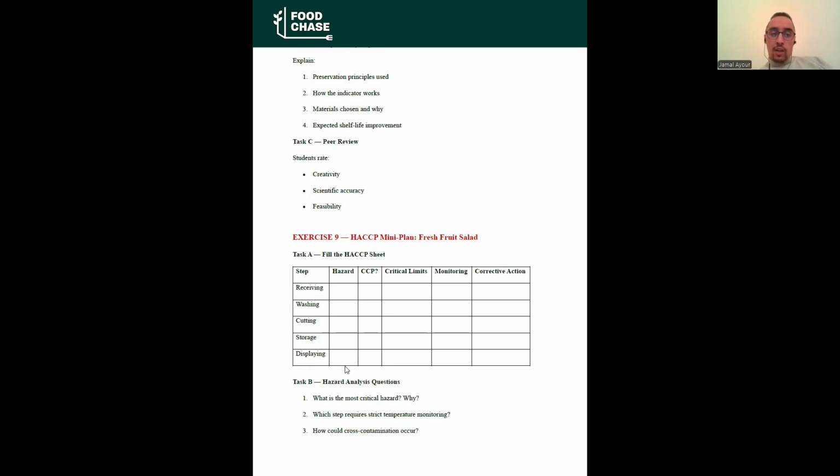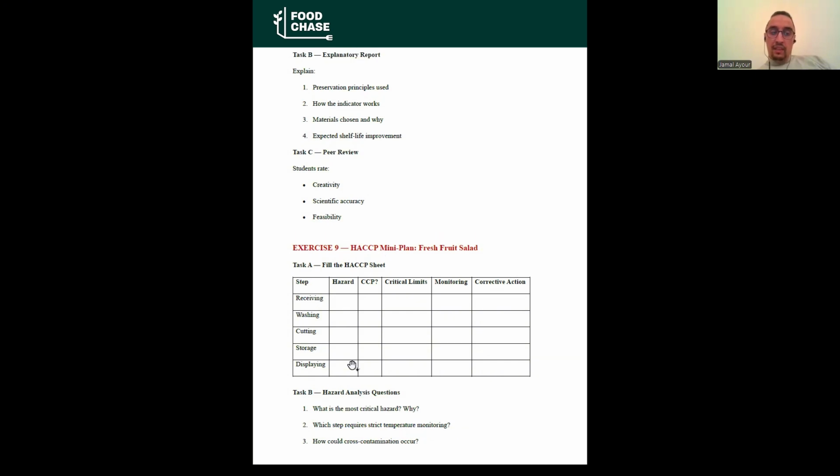And then the second question is about explanatory reports to explain different preservation principles such as MAP or active packaging, for example.